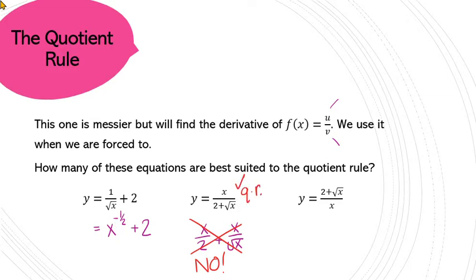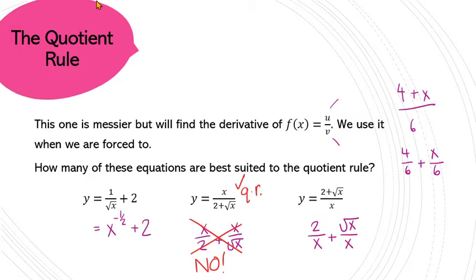Okay, in our third example, yes, we could use a quotient rule, or we have a second option. We could split this one because there's only one term in the bottom. So just like if you had 4 plus x over 6, you can make it 4 over 6 plus x over 6. You can split this apart: 2 over x plus root x over x.